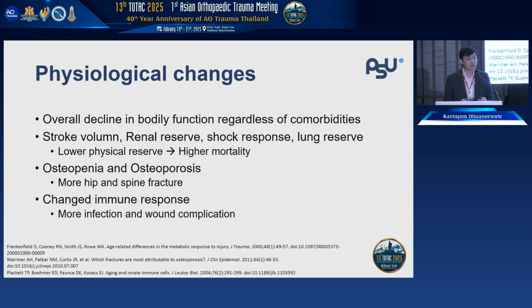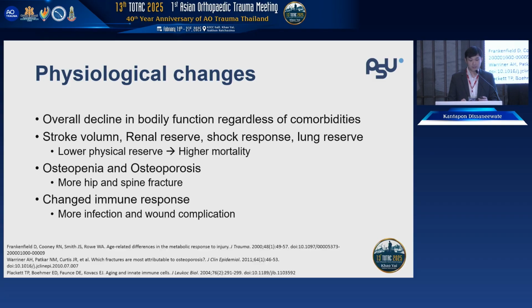Secondly is osteopenia and osteoporosis. Older people have a lot more incidence of osteopenia and osteoporosis. This leads to more life-changing injuries such as hip and spine fractures, as we are already aware.